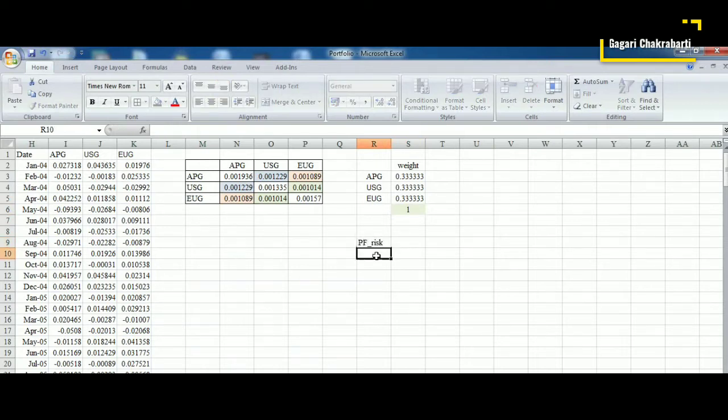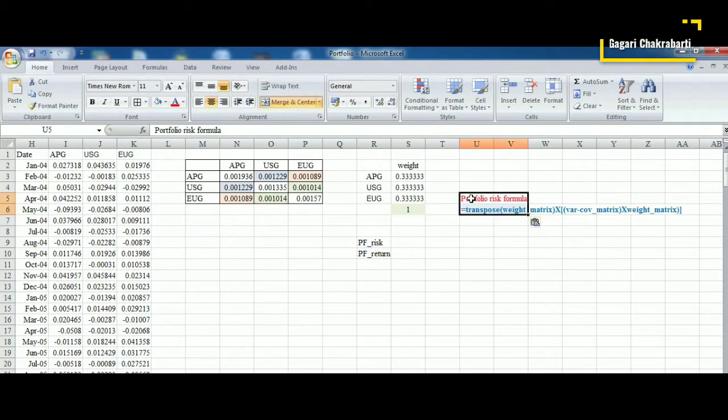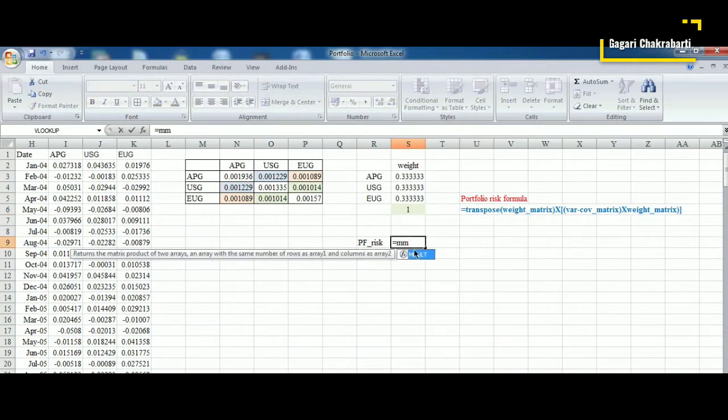Now we shall be computing the portfolio risk and portfolio return. This set of portfolio risk and return will be associated with the equally weighted portfolio, where all the assets are given equal weights. The formula for computing portfolio risk is given here. It is given by the product of the three matrices: the transpose of the weight matrix, the variance-covariance matrix, and the weight matrix itself.